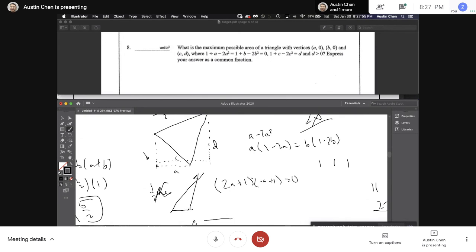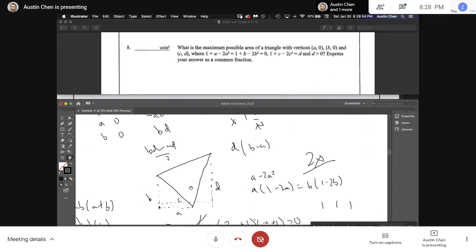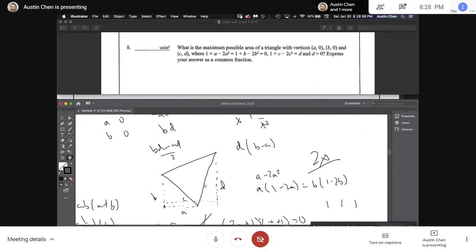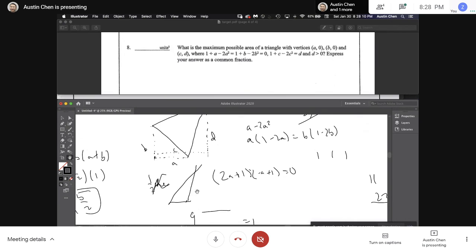So it's like that. Yeah, the area is gonna be this. Wait, okay. So B does not always equal A.